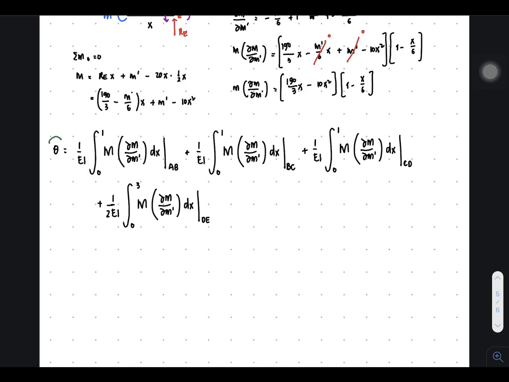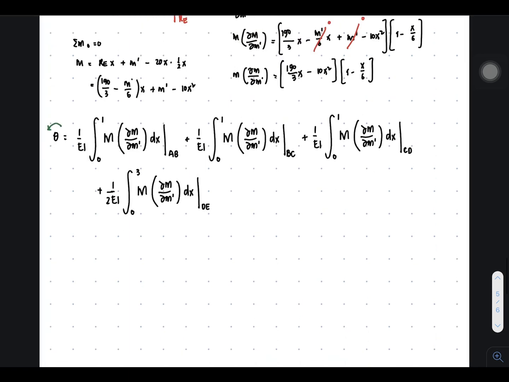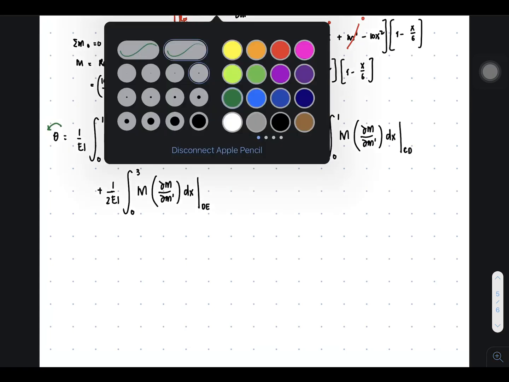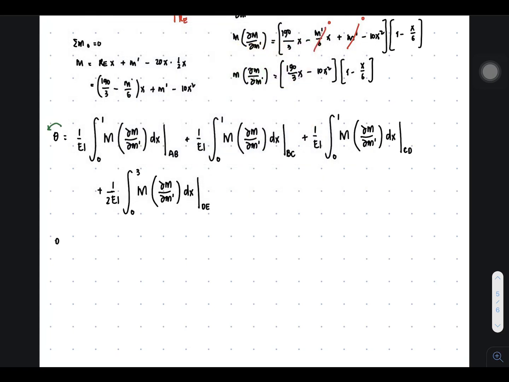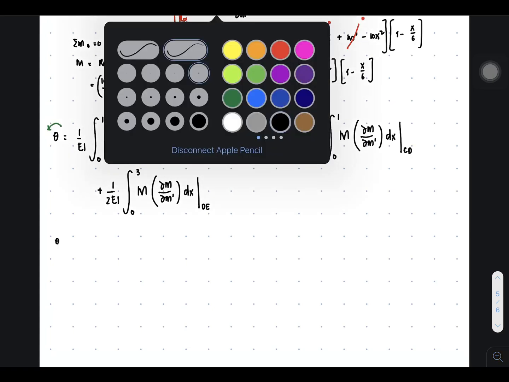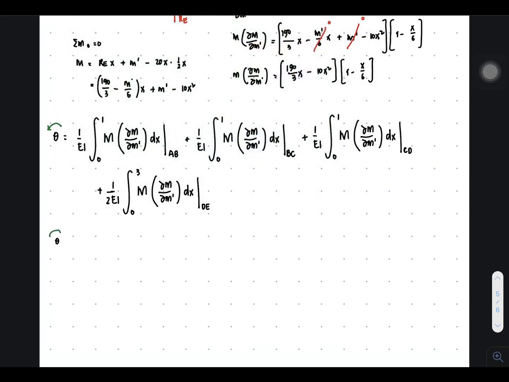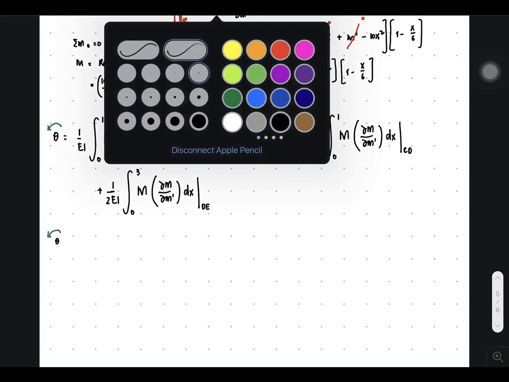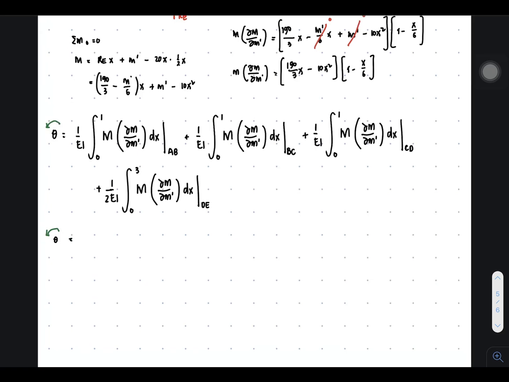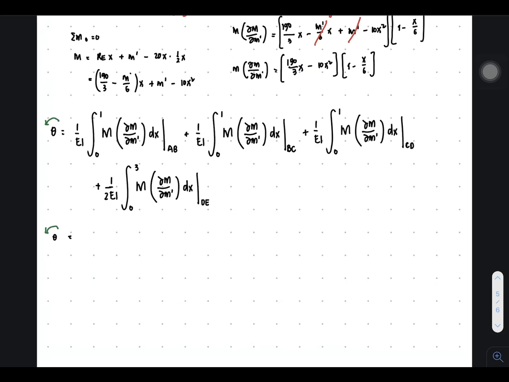And our assumption for the direction is counterclockwise. So whenever we arrive at a negative value of slope, then this counterclockwise is in the wrong direction. So let's start.